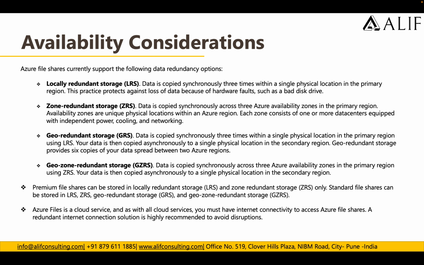With ZRS, your copies will be spread across zones. With GRS, three copies will be in the local region, and three copies will be in the nearby region. The fourth one, GZRS, is again the same as GRS, but in this case, your secondary copy will be in a readable state.